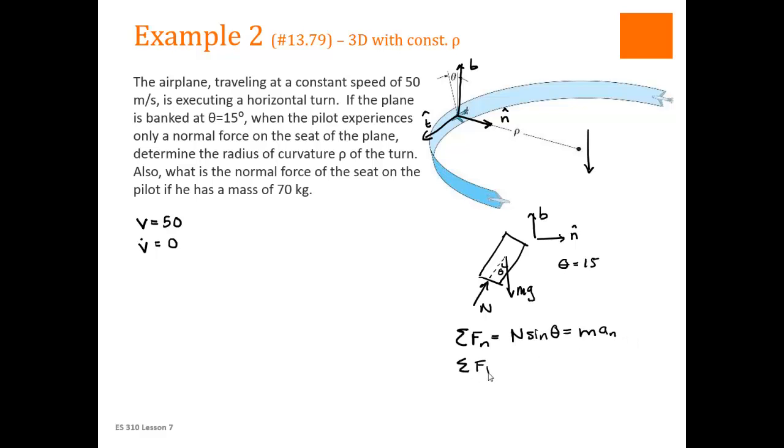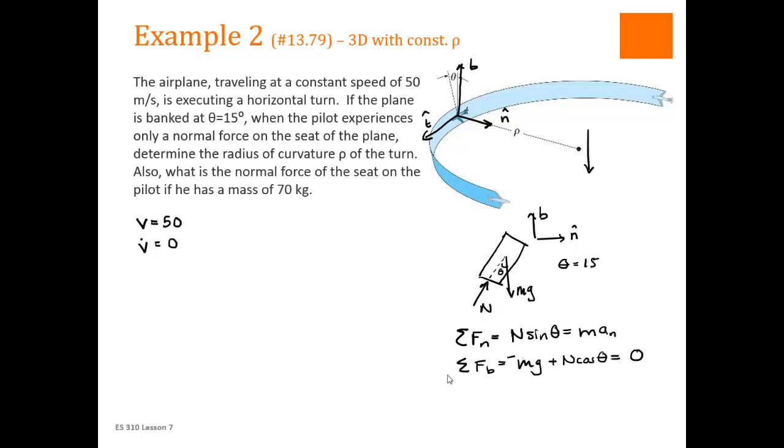And the sum of forces in the b direction is going to give us, let's see, we've got mg, which is in the negative b direction, and we've got the n part, the adjacent part of the n, which is the cosine part, and that is going to equal 0, because the sum of the forces in the b has to equal 0. Okay, and since the problem says he only experiences the n, we don't have to have a friction between him and the seat.